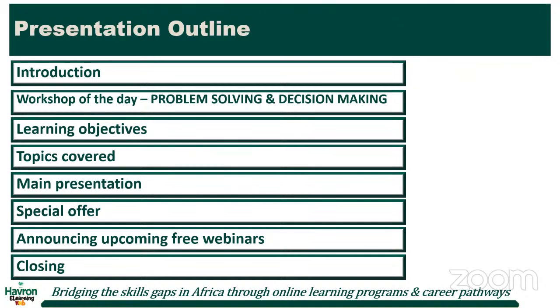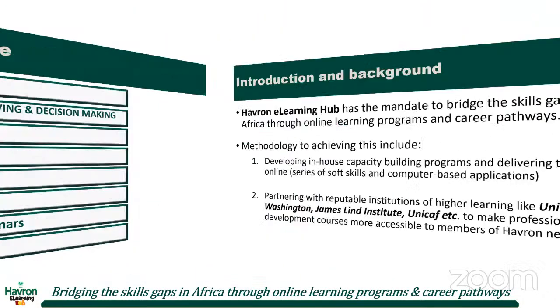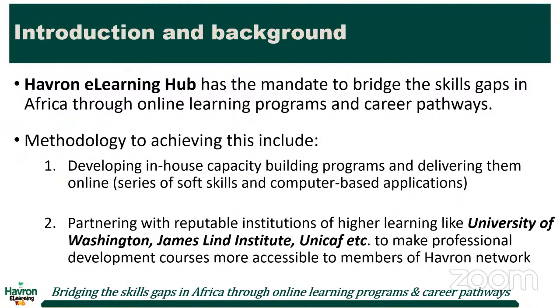We are hoping that this seminar is going to take between 90 minutes and 120 minutes. So we'll see how we'll be able to cover the whole lot of content that we have.